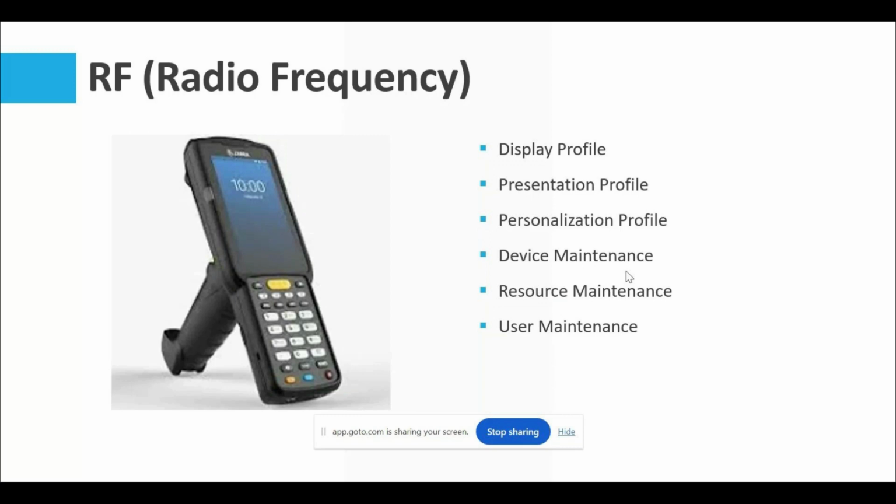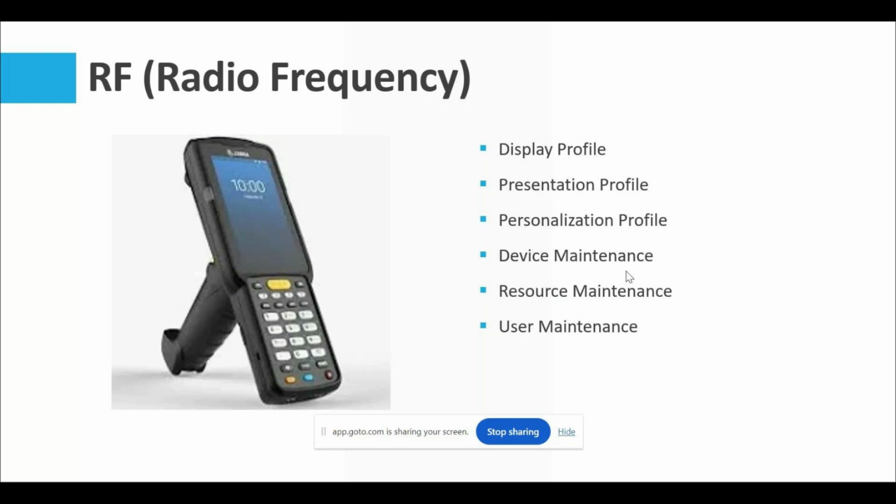Now, when you start building an RF application, the first and foremost configuration object for an RF application is nothing but a display profile. For example, a business can use one RF device in the complete warehouse, or it can use multiple RF devices in the warehouse. For us, each device in a warehouse should be created with a profile.